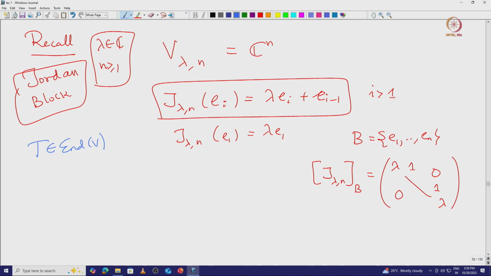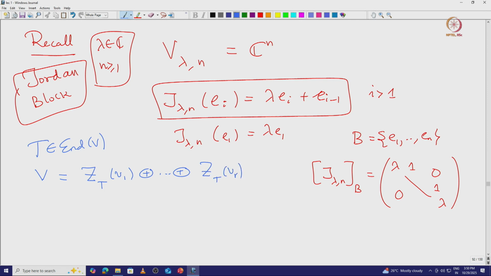If you want to write this in terms of these operators, we have the decomposition of V into cyclic spaces, Z T v 1 direct sum etcetera direct sum Z T v r.